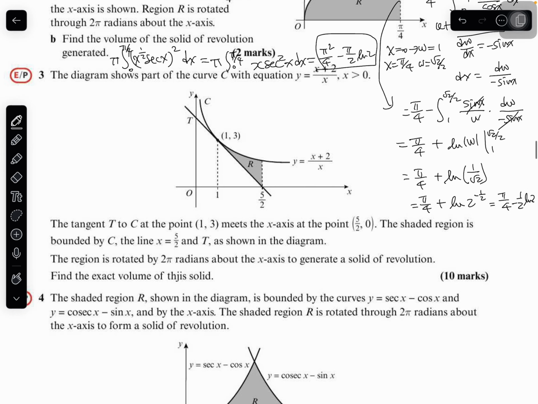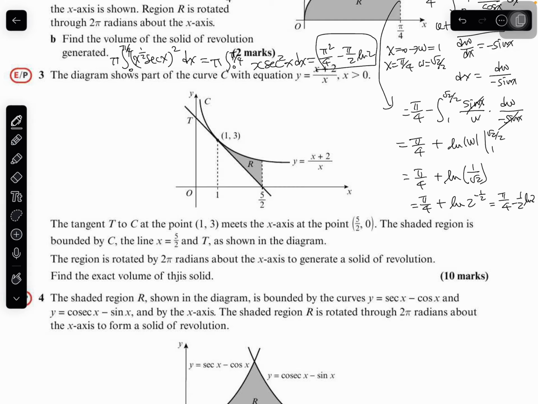Number 3. Tangent T to C at 1, 3 meets the x-axis here, and so on. So the region is rotated 2 pi radian about the x-axis.